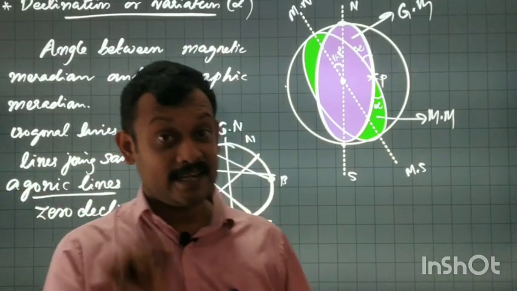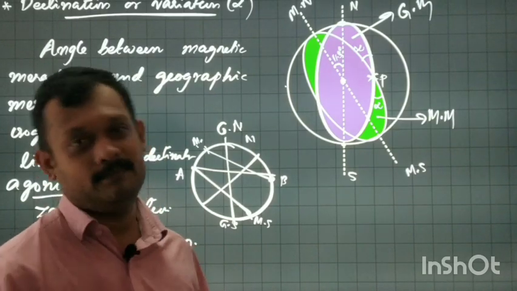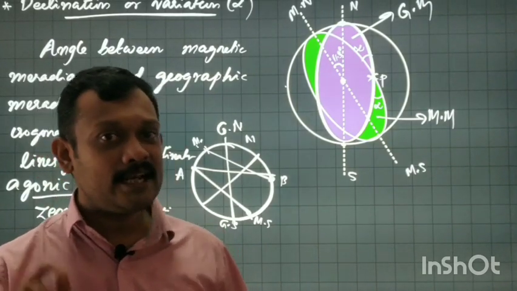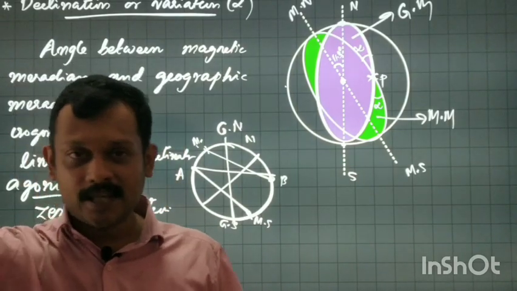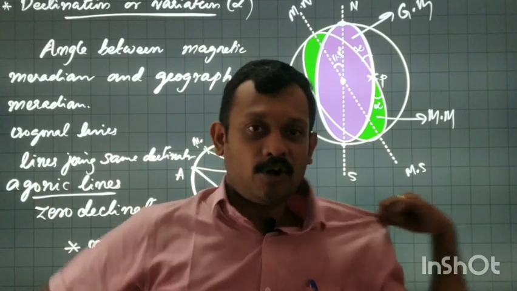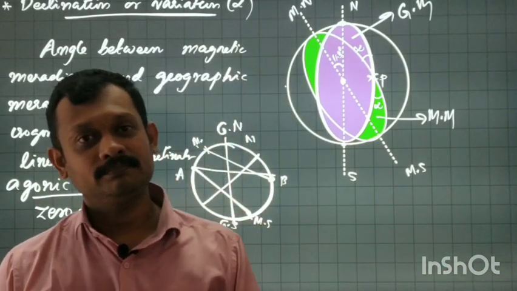A compass needle can effectively measure declination at a place. I don't mean the GPS and all, but the older technology which was used for navigation purpose.